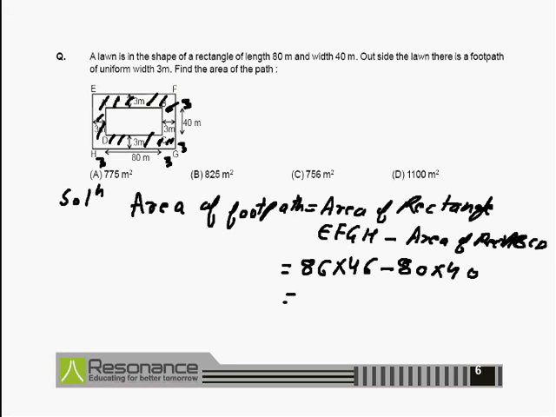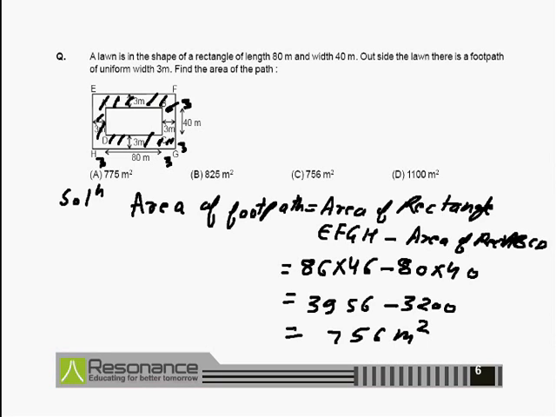So 86 into 46 comes to be 3956, minus 80 into 40, which comes to be 3200. So the area of the footpath is 756 meter square.